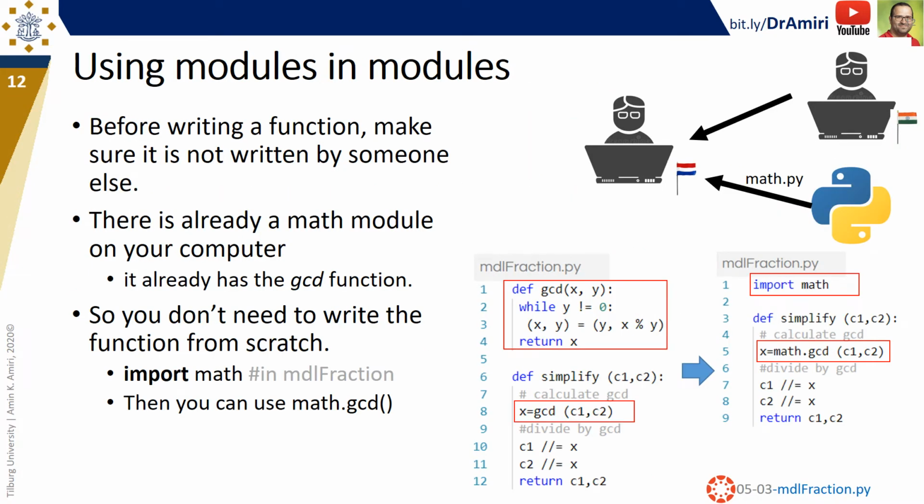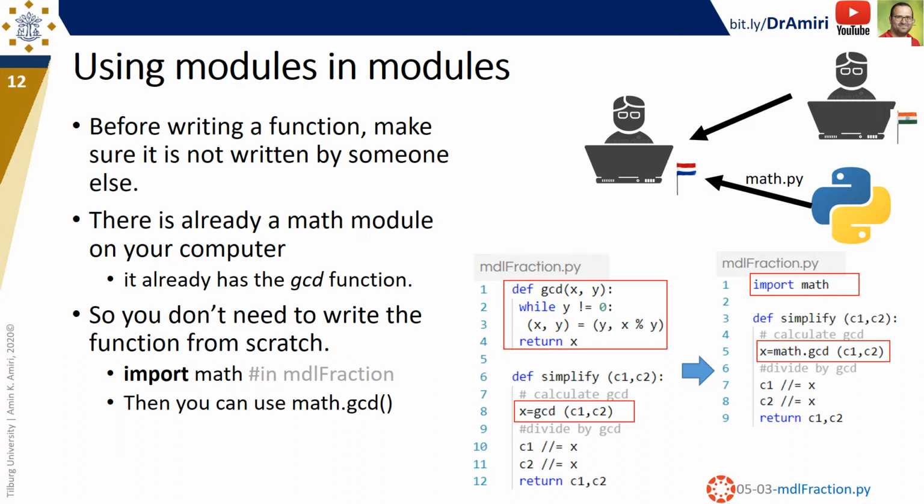Before writing a function, you need to make sure that it is not already written by someone else. So it's a good habit to always search the internet and make sure that a module, a package, does not exist that includes a function that does what you want. For example, you see that the Dutch programmer here created the function GCD and put it in the MDL fraction.